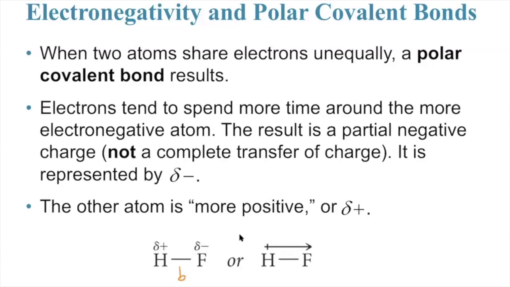It's covalent because it's between two nonmetals. The electrons are going to be pulled more towards fluorine because fluorine is more electronegative, and this results in a partial charge difference, which we draw using these signs.